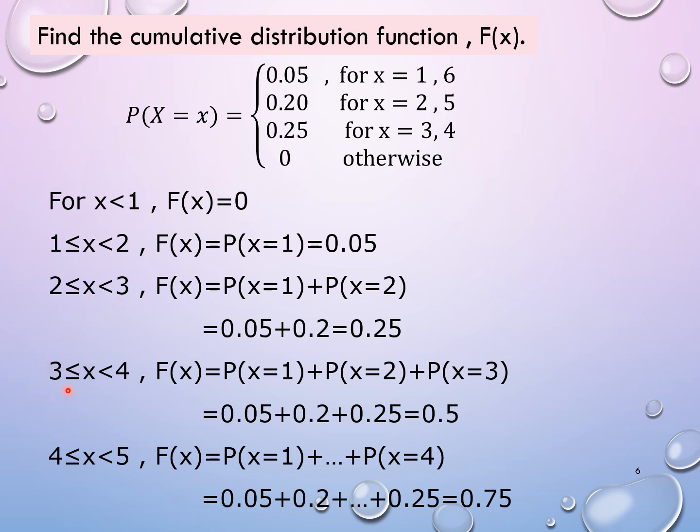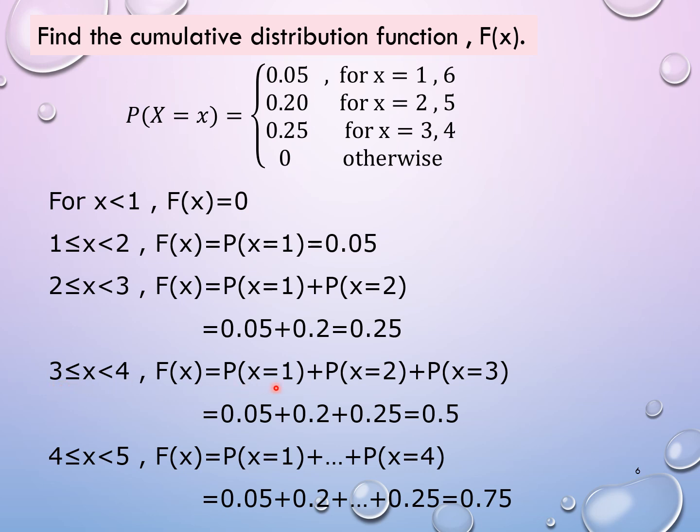Next, we continue from 3, then we can include the 3. X greater than or equal to 3, less than 4. So the CDF for x is equal to the numbers from previously.